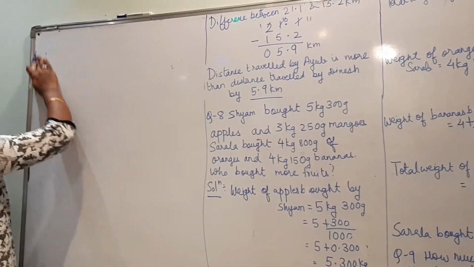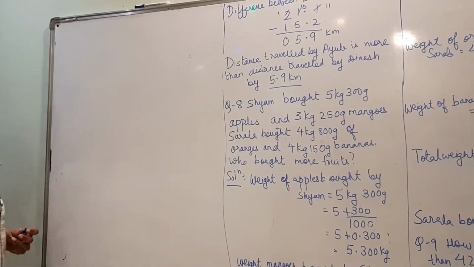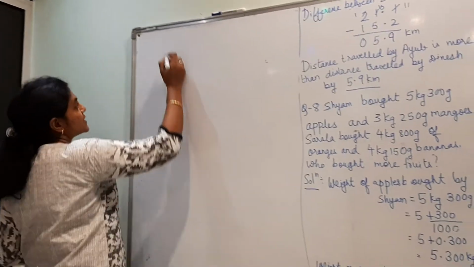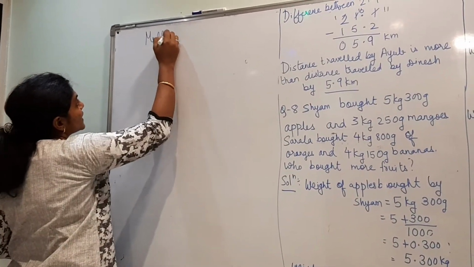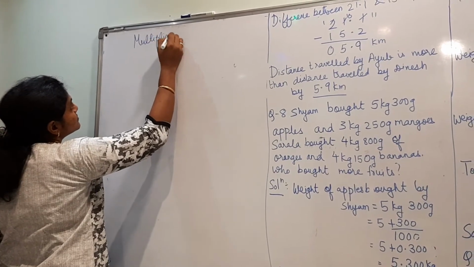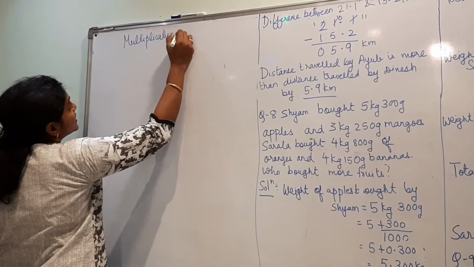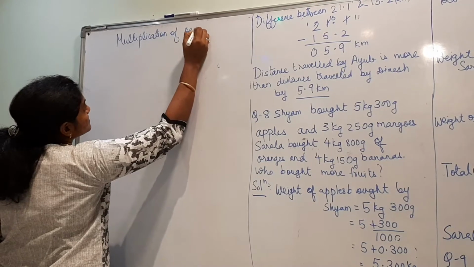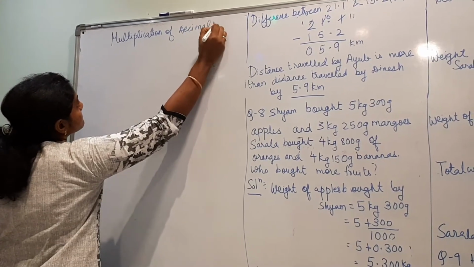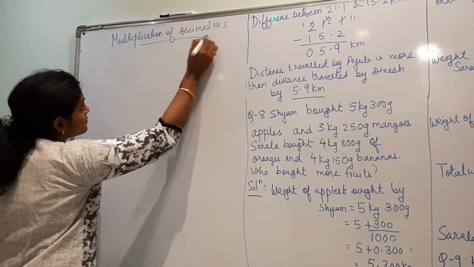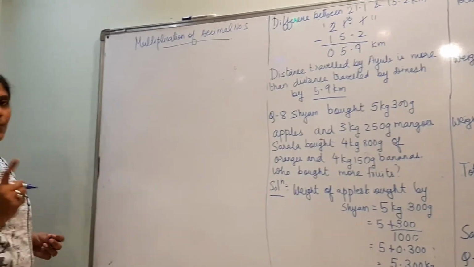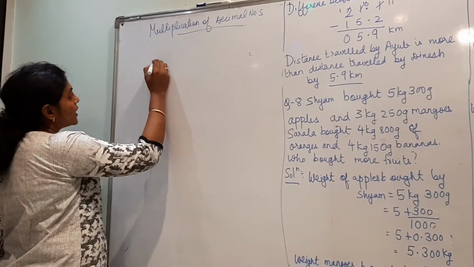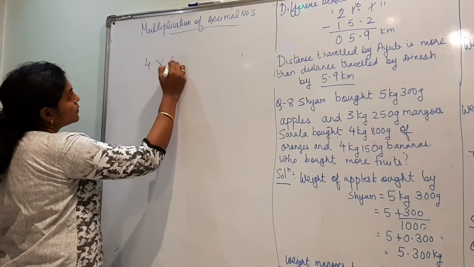I will just revise and then we will proceed to 2.6. So multiplication of decimal numbers.